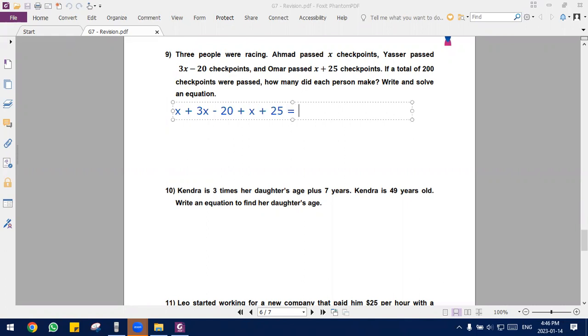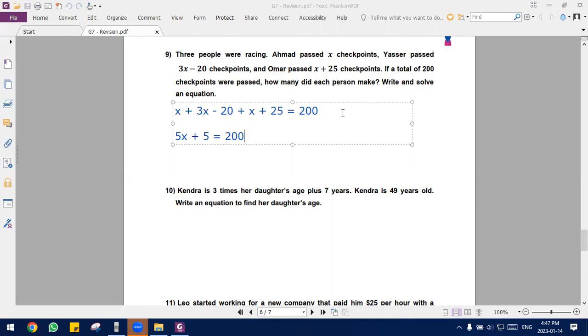And the total for all of them was 200. Now you simplify x together, so we have x and 3x, 4x, and 1x is 5x. Then we have minus 20 plus 25 is minus 5. Sorry, it's plus 5. And this is equal to 200.